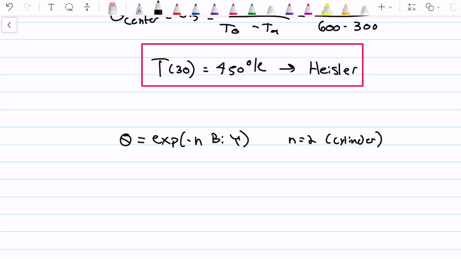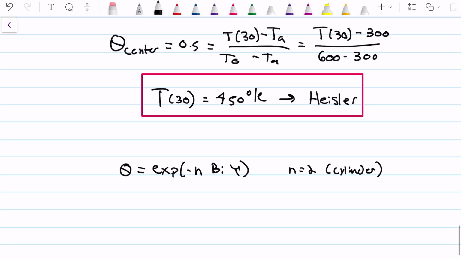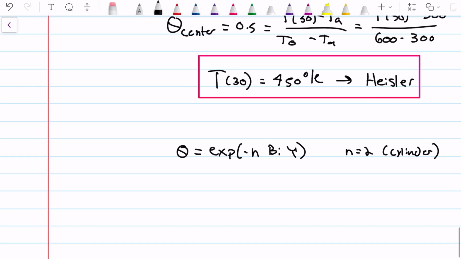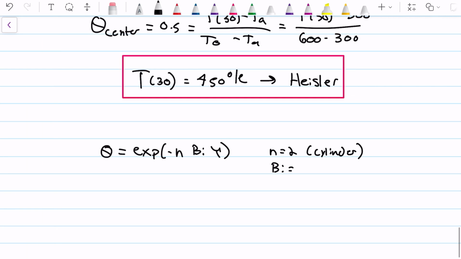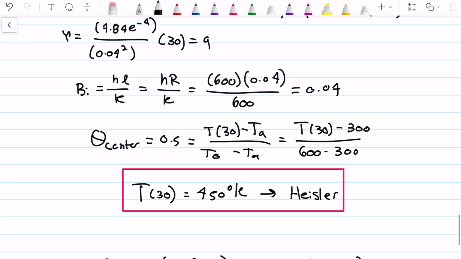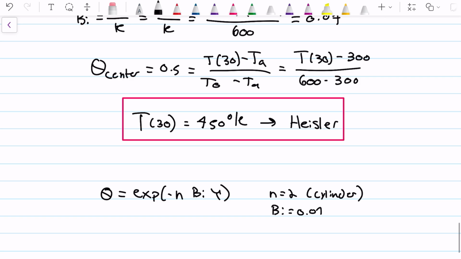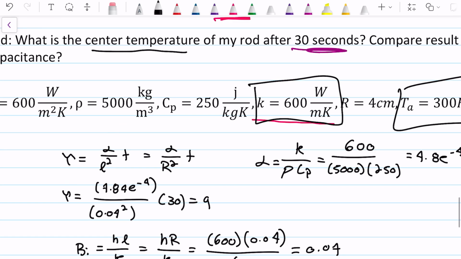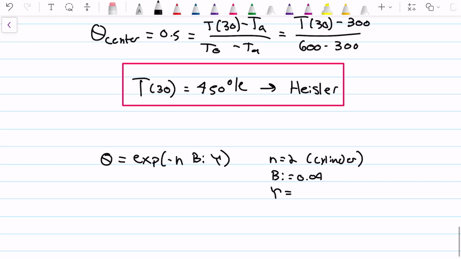For a plane, it would be 1. For a sphere, it would be 3. That's just a piece of information. There's another video on those values and exactly how the lumped capacitance model works. And we knew our Biot number, which was 0.04. Same with tau, which we already solved as 9.